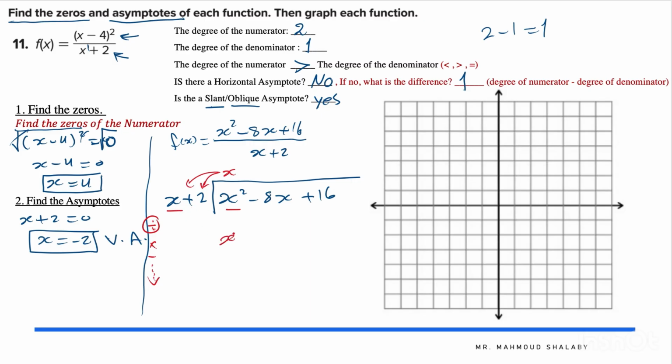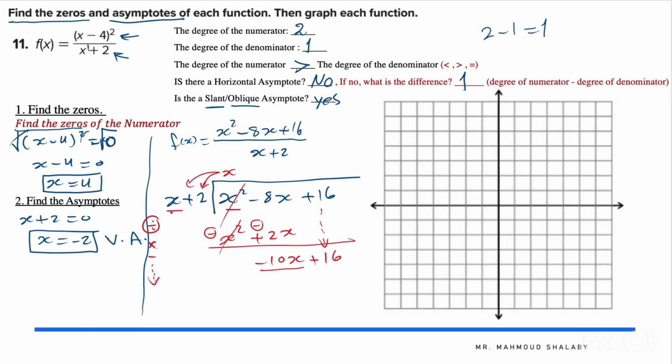X times x is x squared, x times 2 is positive 2x. Then we do the subtraction, which means change the sign for both. These will be cancelled. Negative 8 minus 2 is negative 10x. Then bring down what is next, plus 16.